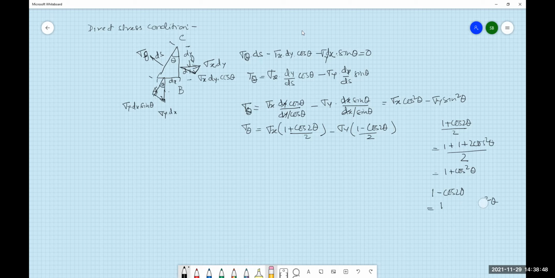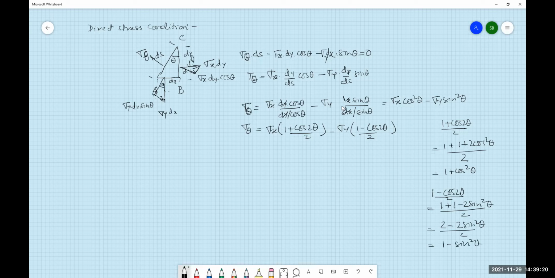Or we can write it like this: 1 plus 1 minus 2 sine square theta divided by 2. This becomes 2 minus 2 sine square theta by 2, or 1 minus sine square theta divided by 2.